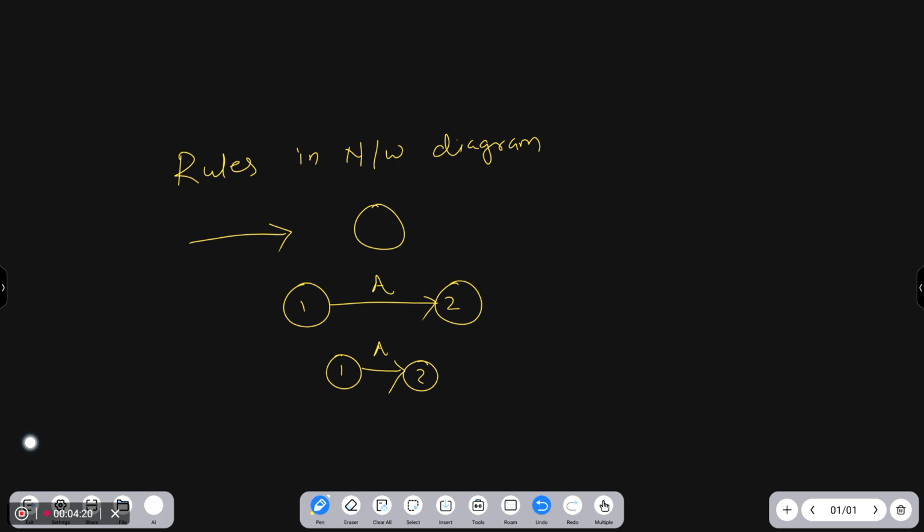The next important concept is that sometimes errors occur in the network diagram. So which types of errors occur in the network diagram? The given heading is errors occurring in the network diagram.